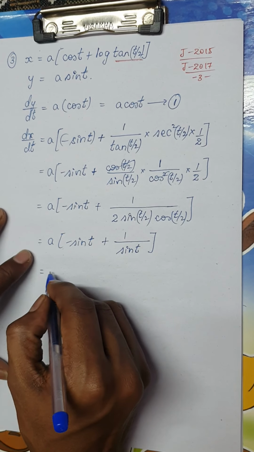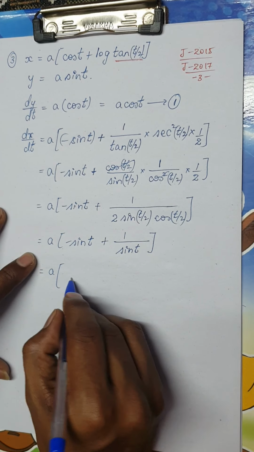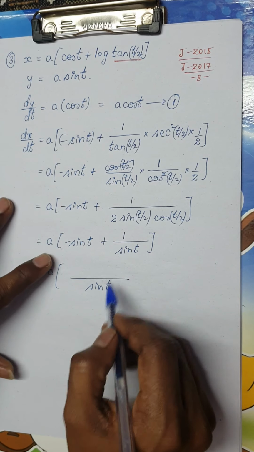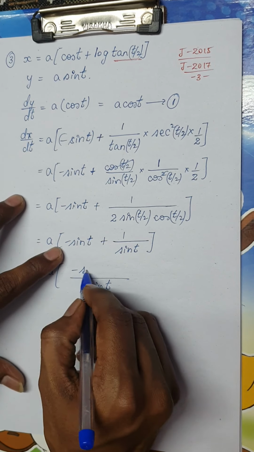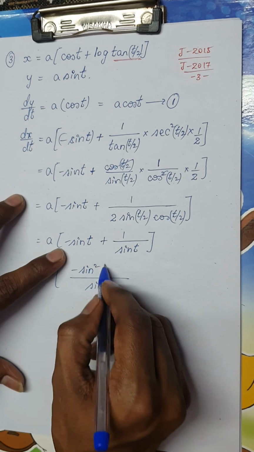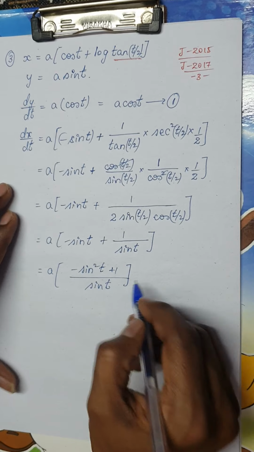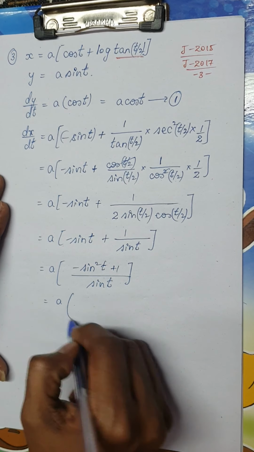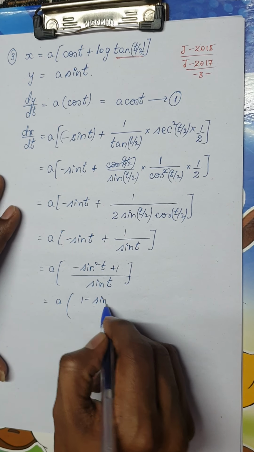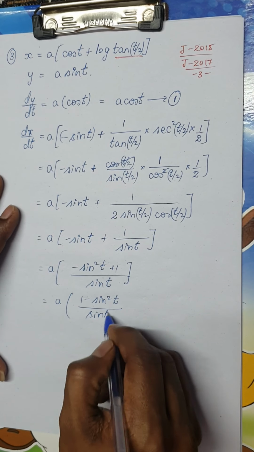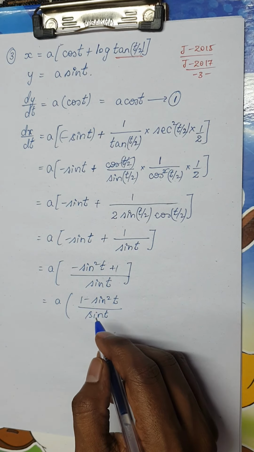If you take the LCM, I get a into sine t as the term, multiplying I'll get minus sine square t plus 1. Or else you can write it as a into 1 minus sine square t by sine t.